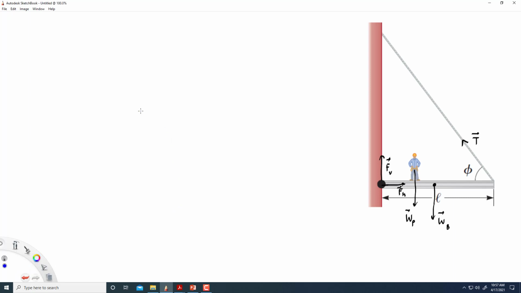So then next thing is, we want to use the condition for static equilibrium, because the beam is in static equilibrium.